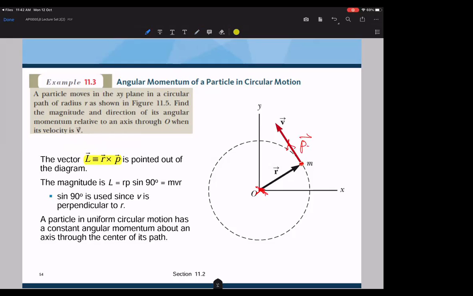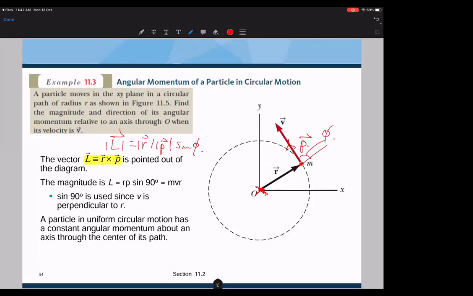Remember, this is a vector operation. It is a vector product. The magnitude is given like this: R times P times sine phi, where phi is the angle between the R vector and the momentum vector.